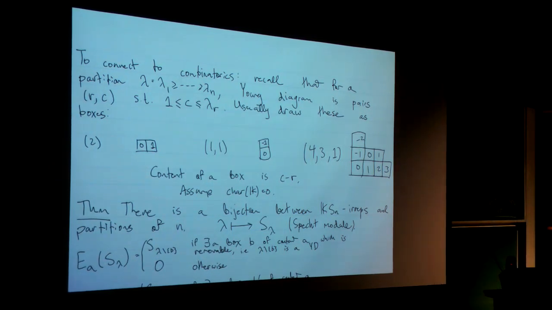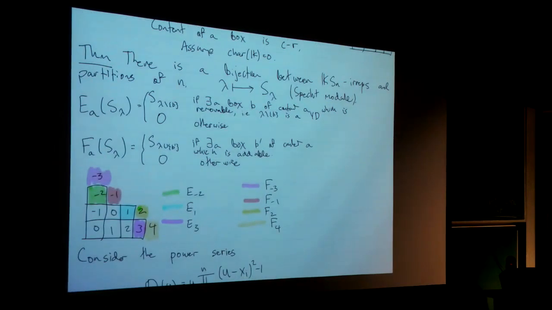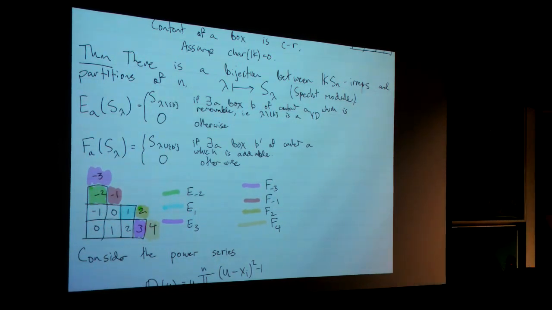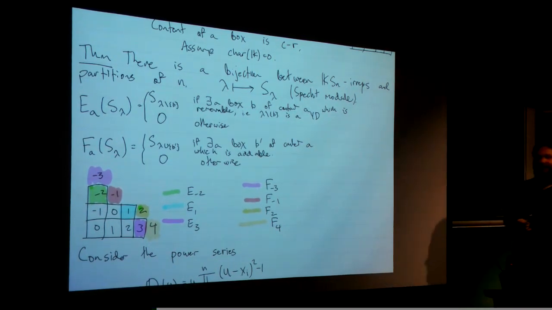So let's first talk about the characteristic 0 story, which I assume many of you know, but it's worth putting out there. There's a bijection between representations of K of Sn, this is only for characteristic 0, and partitions of n. So lambda gets sent to what I'll call S lambda. This is the Specht module.